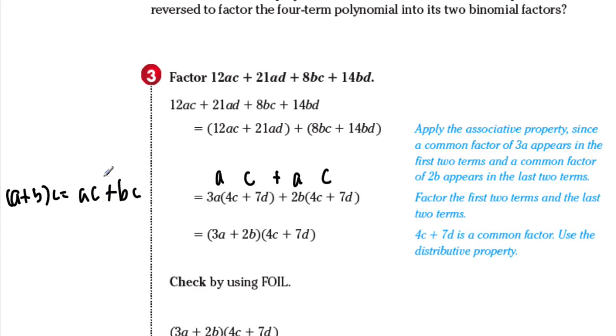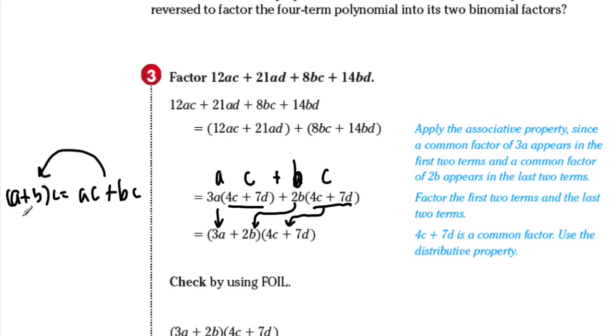We want to convert this form into that form. So your a is 3a right there. Your b is 2b right there. And both of these are your c. So your c is 4c plus 7d. And that's what comes out there.